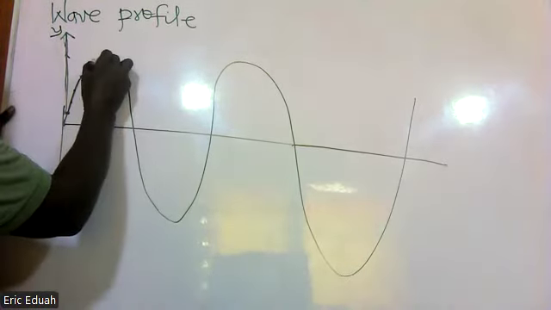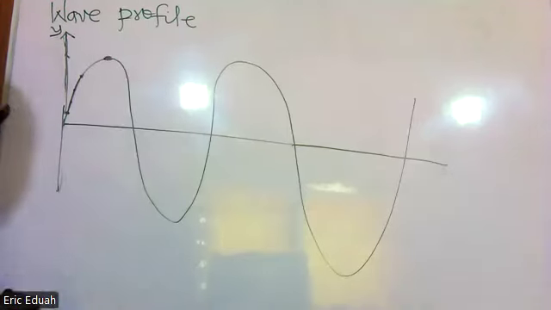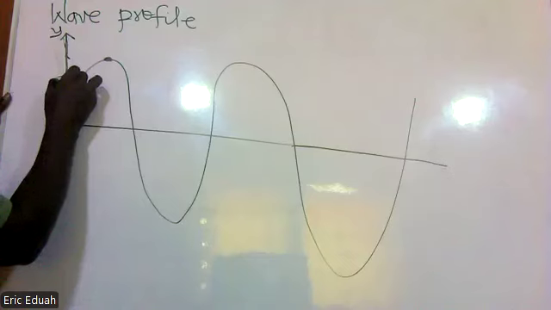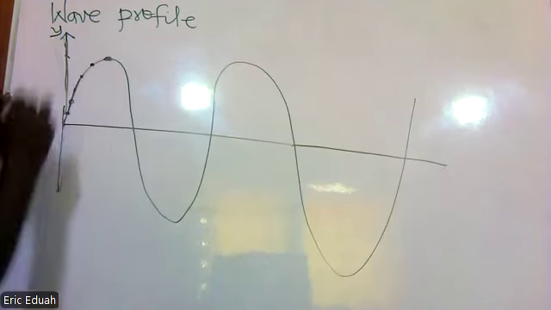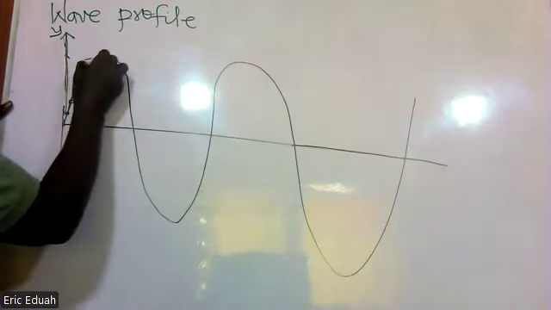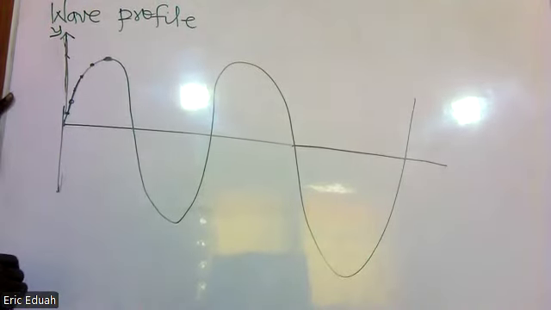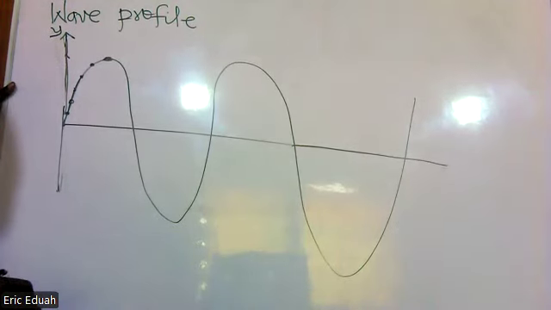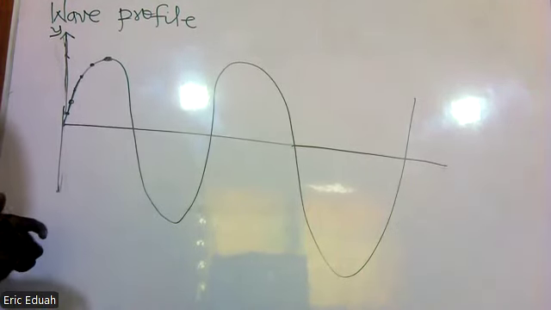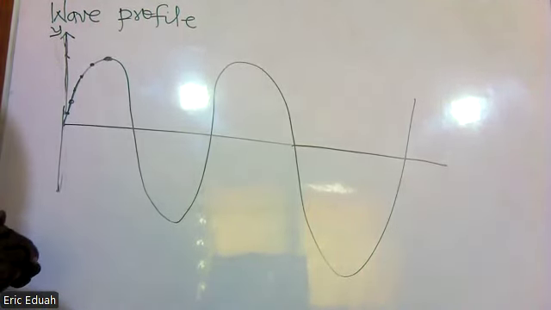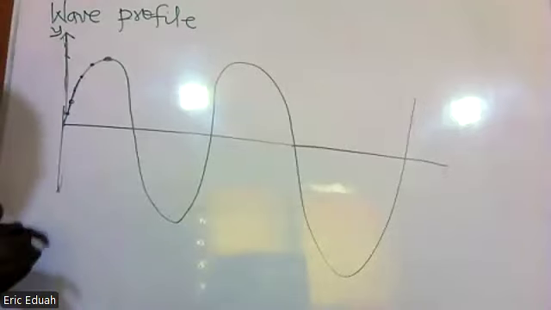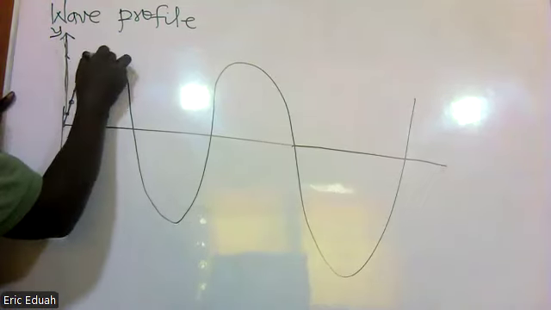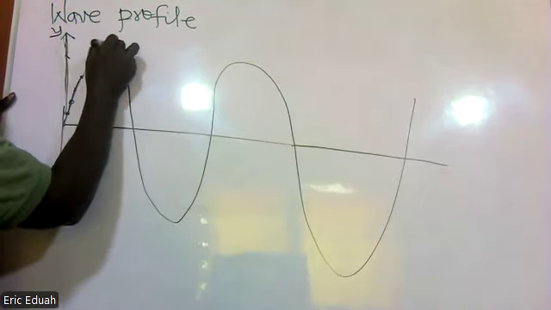A point of maximum particle vibration, if we consider 1, 2, 3, 4, 5, and 6, we realize that the 6th point is the point where particles have been displaced or vibrated so much. This point of maximum particle vibration is termed the crest.